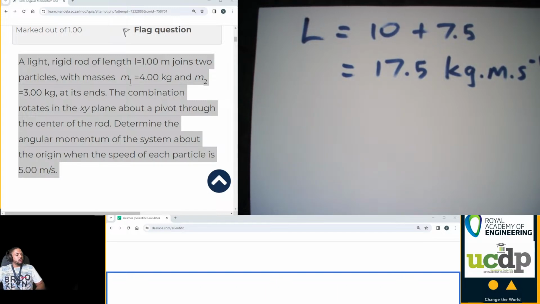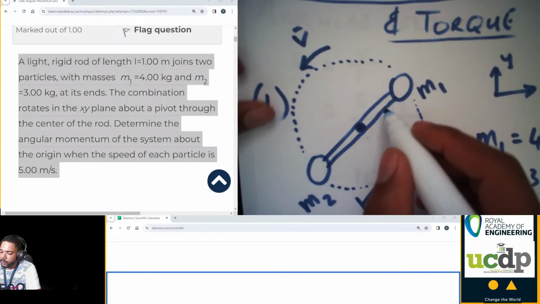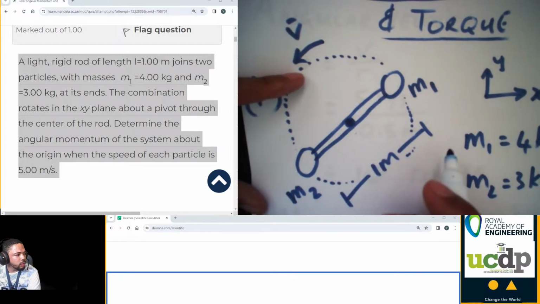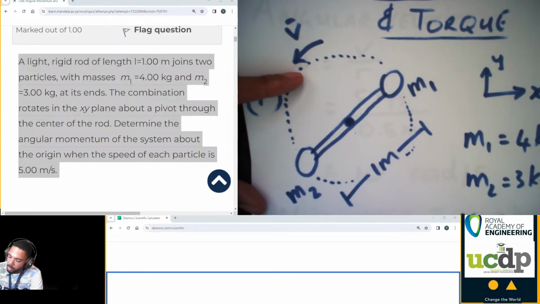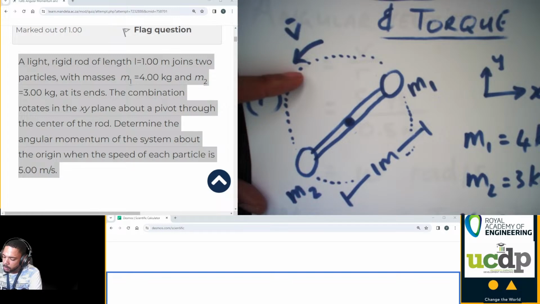Just to recap, for this system that we draw here, we want to calculate the total angular momentum. In order to calculate it, we needed the angular momentum of m1 and the angular momentum of m2.